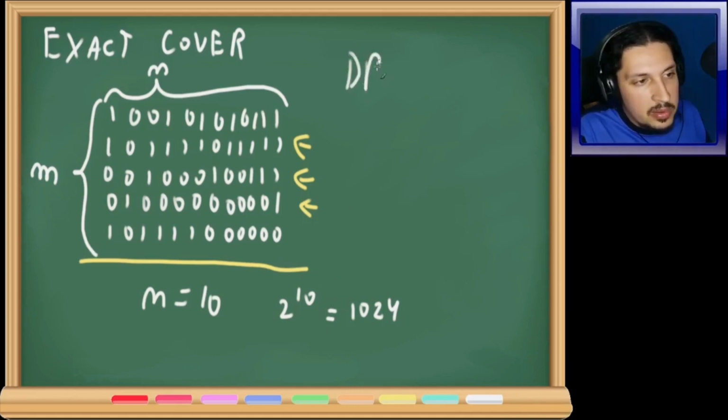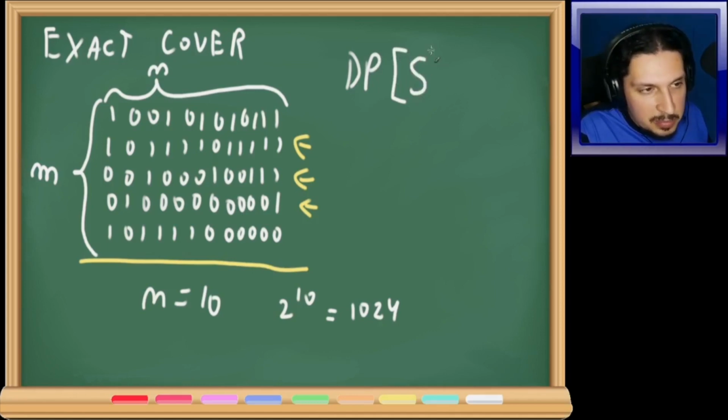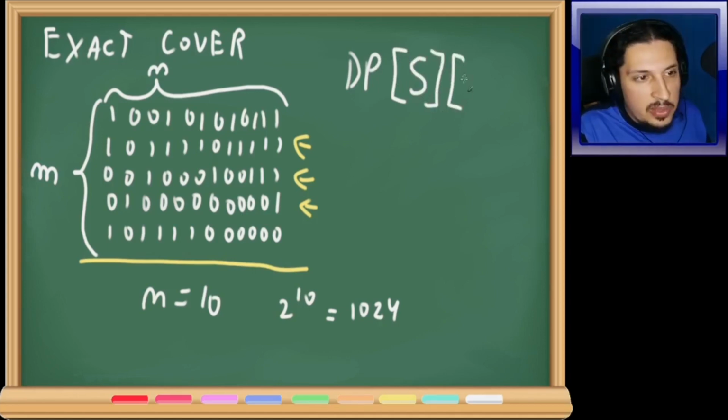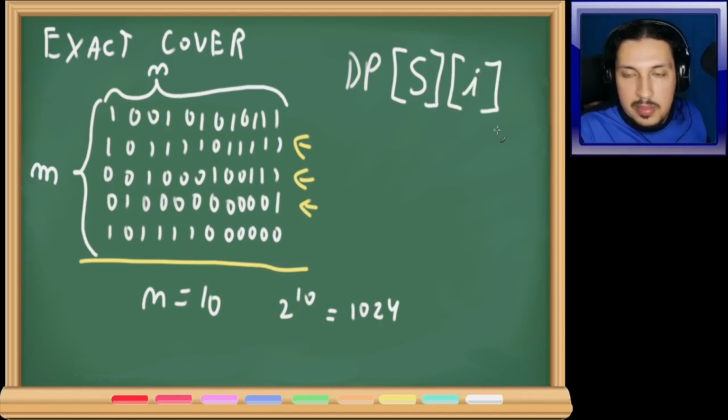Basically, you can use dynamic programming to say, what is the minimum possible number of sets to use to cover this mask exactly using the first i elements. And this is very similar to subset sum, but instead of adding the numbers, you are using the bitwise OR to combine them, and you have to check that they are disjoint when you do.